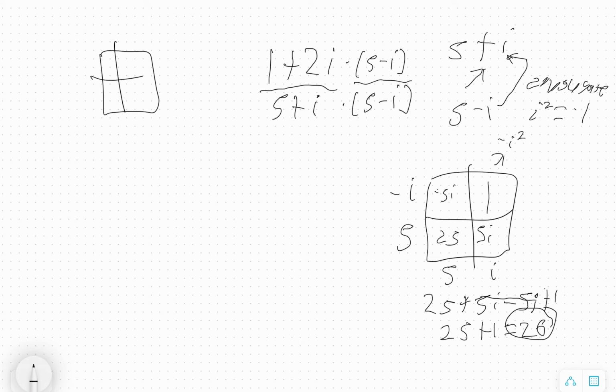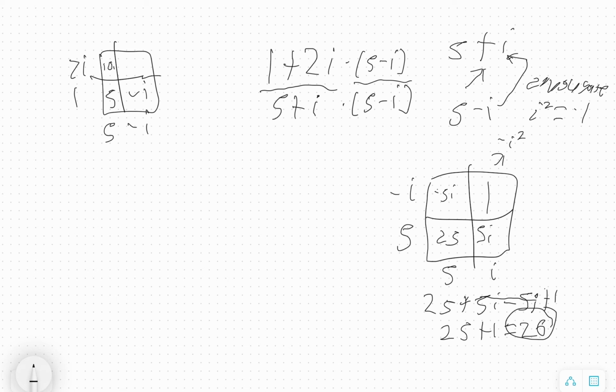So I'm going to multiply the other part. 1 plus 2i and 5 minus i. So we have 1 times 5, that's 5. Negative i, and then we have 10i.